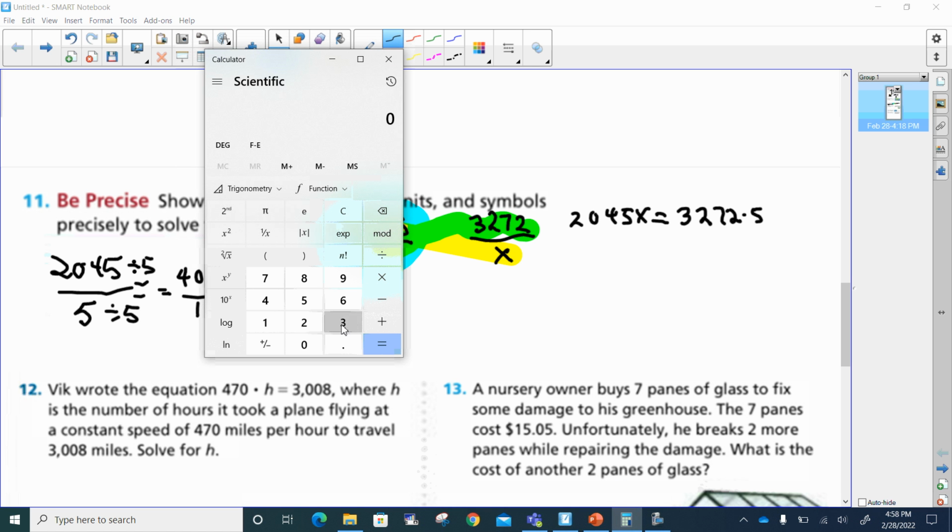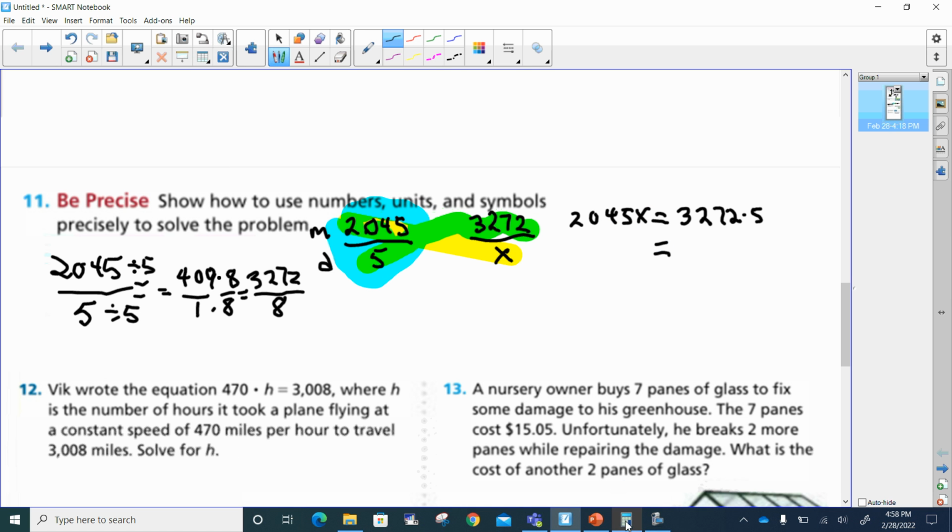And we can do this very easily over here. We would take 3,272 times 5, and we get 16,360, and then we would divide it by 2,045, and that would have given us 8. So everyone see how we did that? All right. So this would have been the same number, right?